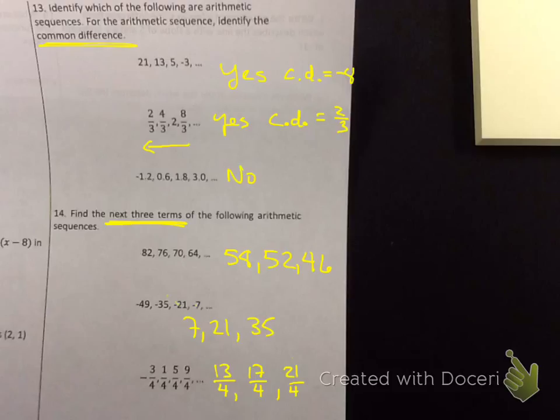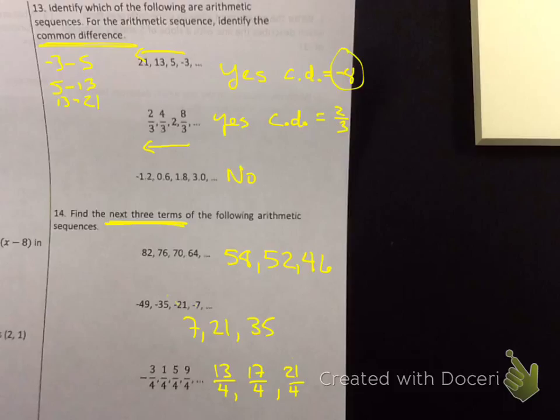I think 13 and 14 y'all should know. Just remember, start from the right, work your way to the left. So like you're seeing here, negative 3 minus 5 equals negative 8. 5 minus 13 equals negative 8. 13 minus 21 equals negative 8. So that's how I can find that easy if I work that way.